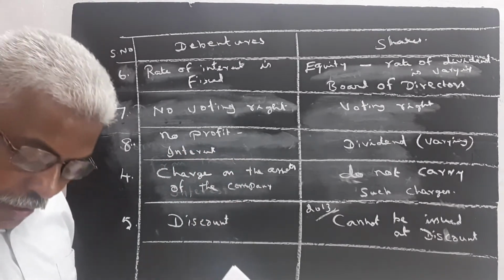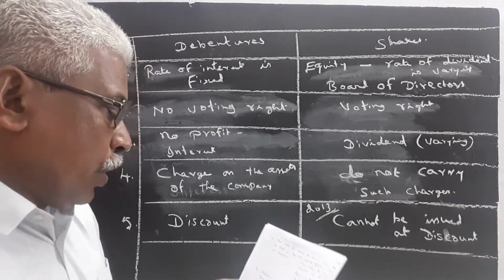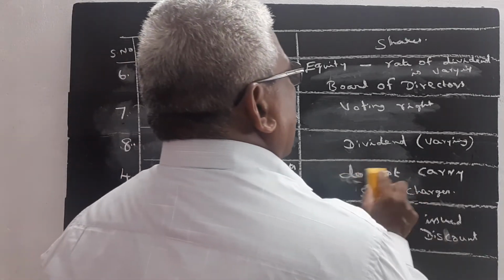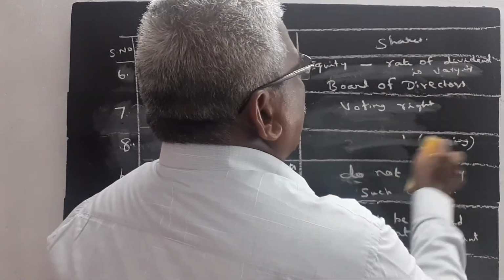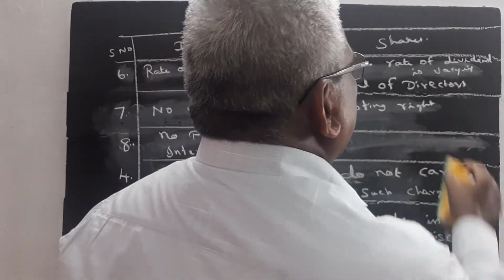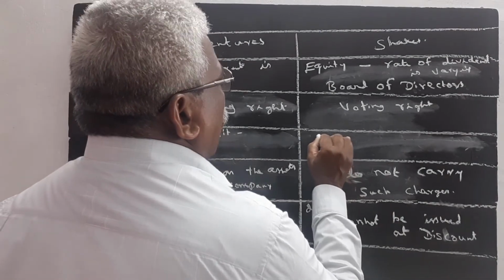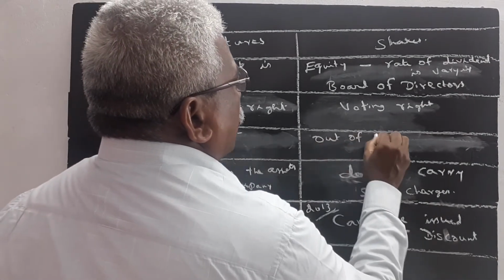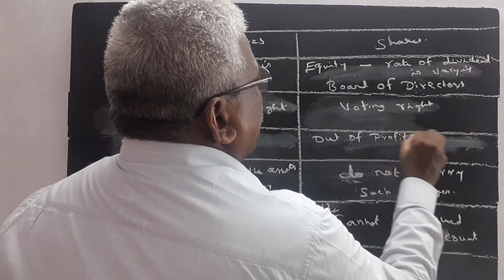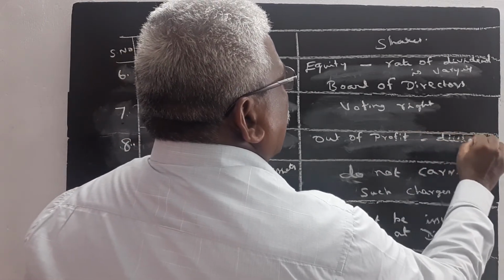But the dividend is given if the company earned profit, then only dividend is given. Only out of profit, dividend is given to the shareholders.